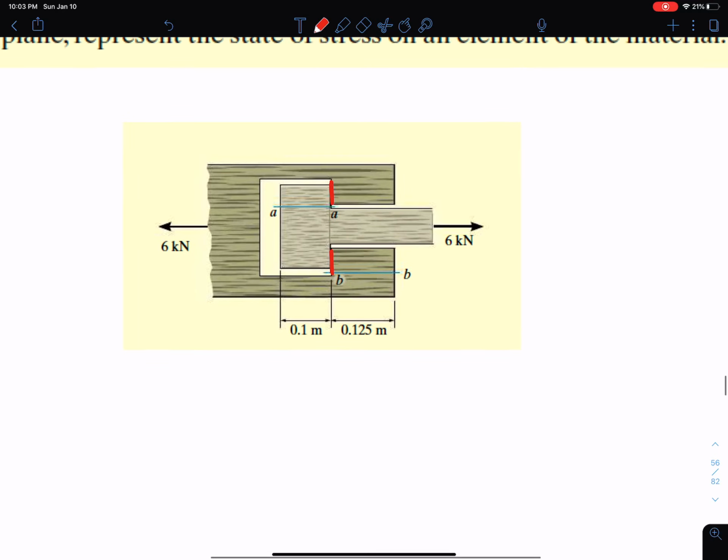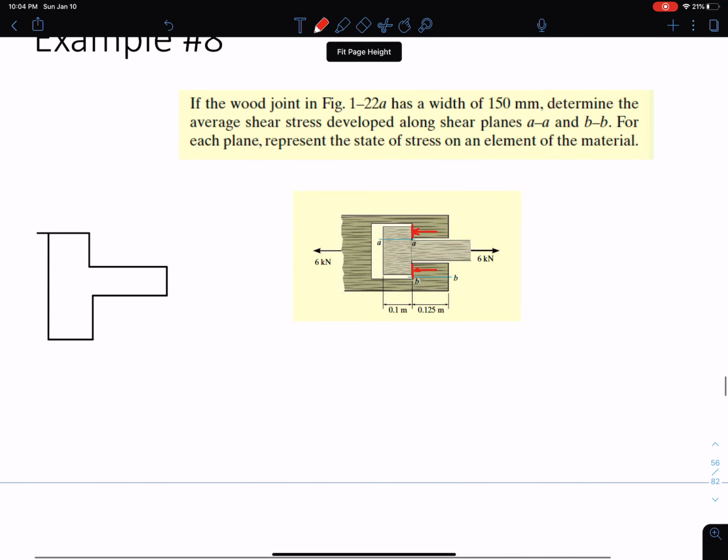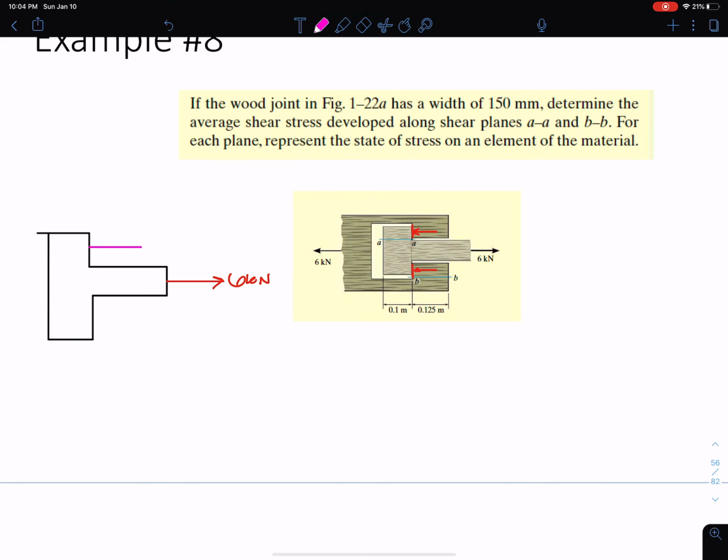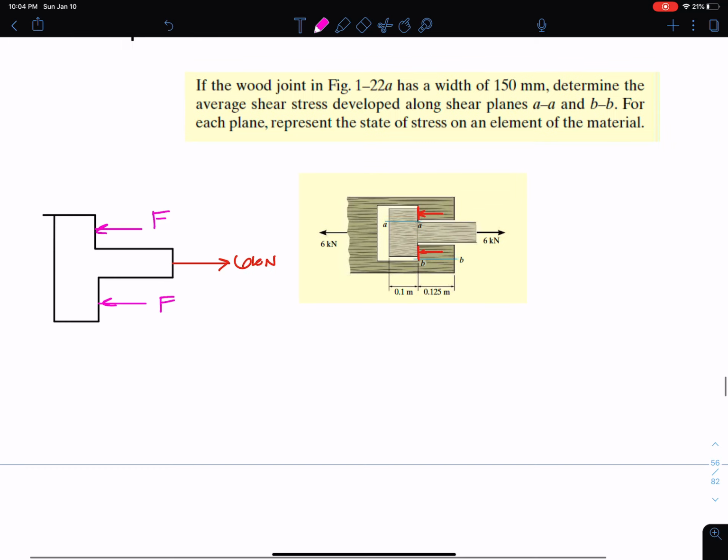So as you're pulling to the right with 6 kilonewtons, you get a reaction force that doesn't allow it to move. So our FBD is going to have the 6 kilonewtons here, but it's going to have some reactive force that doesn't allow it to move, right? Because everything is symmetric here, it's just going to be F. And you can see if I'm pulling with a 6 kilonewton force, my F has to be 3 kilonewtons on each side.